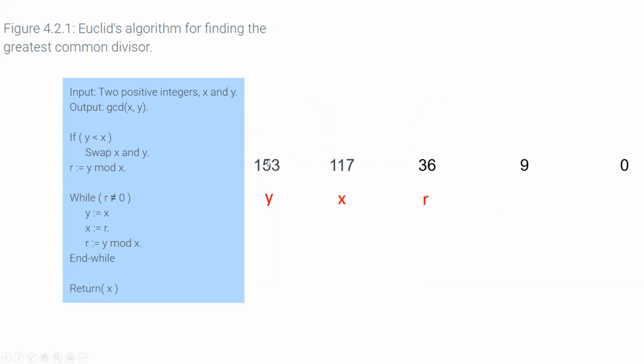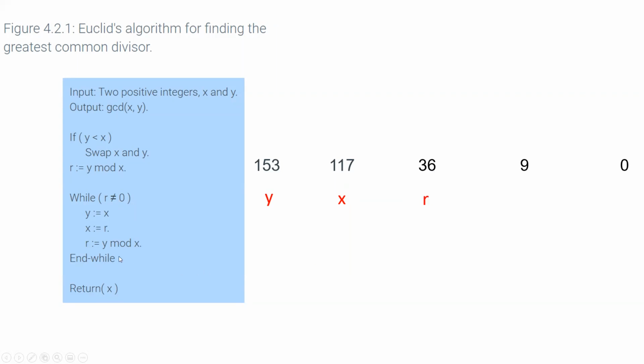All we would have is 153 and 117, and we're going to call the largest one Y, and then we're going to call the other one X. We've gotten that far. Then we define a new variable called R, and it's Y mod X, right? So 36 we got from taking 153 mod 117. And we got R, so we would call that R.